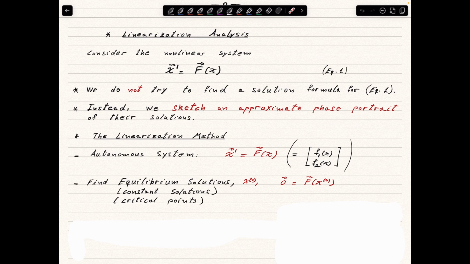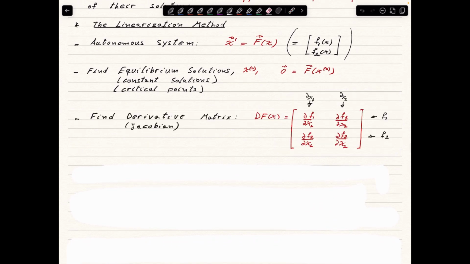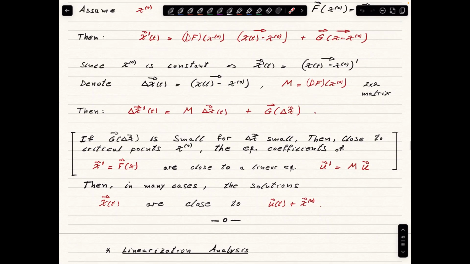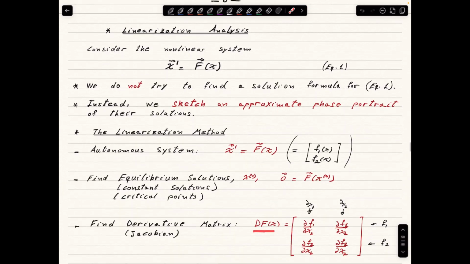The next step, in this linearization method, is to find what is called the derivative matrix, also called the Jacobian, which is the matrix that we were mentioning up here. What we're going to need is the matrix evaluated at critical points, but we go over that in a minute.